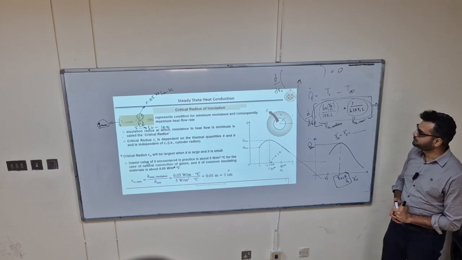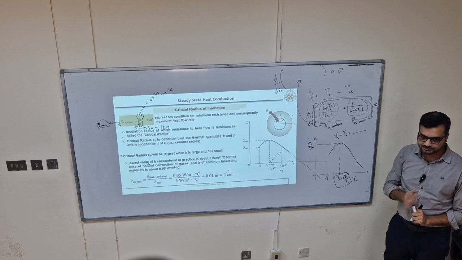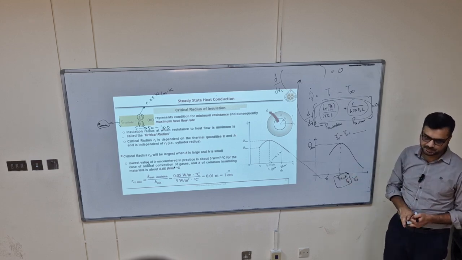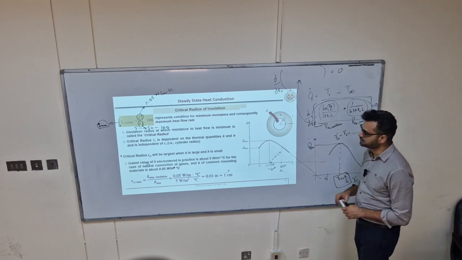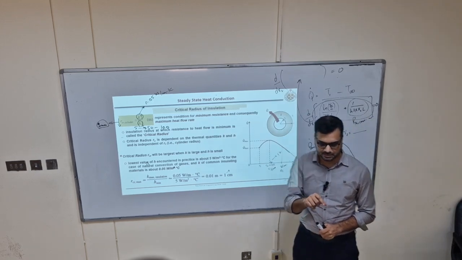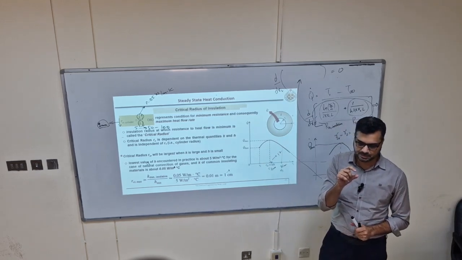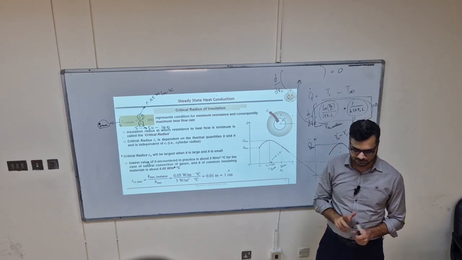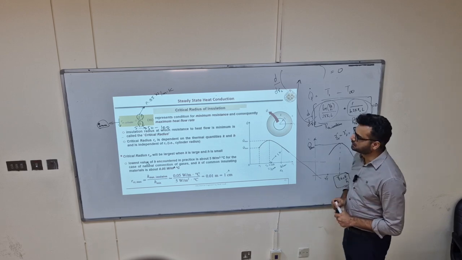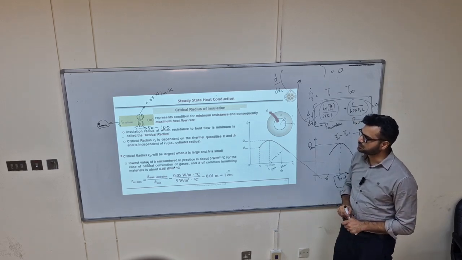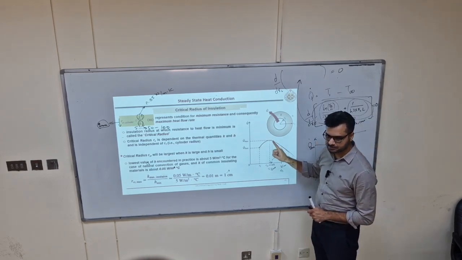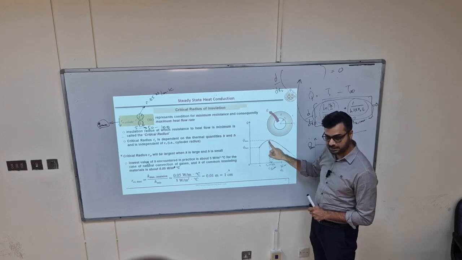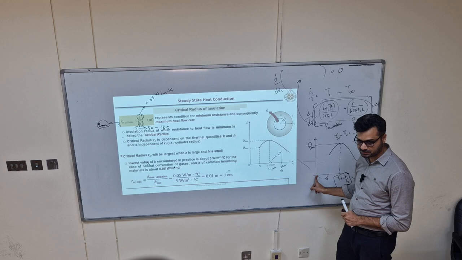Look, what is the purpose of using insulation? To drop the heat transfer, right? So in that particular application, for example, you are using a pipe of diameter 1 centimeter. You want lesser heat transfer by adding insulation.